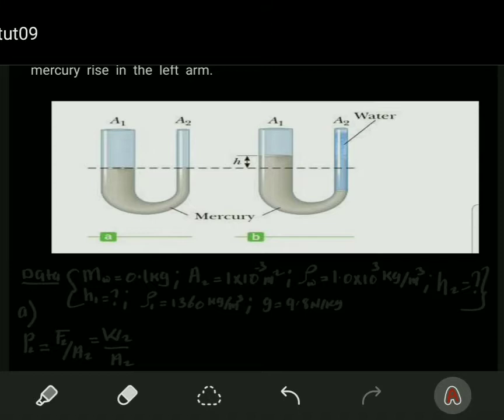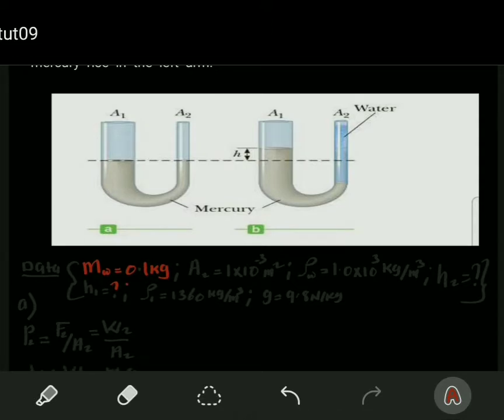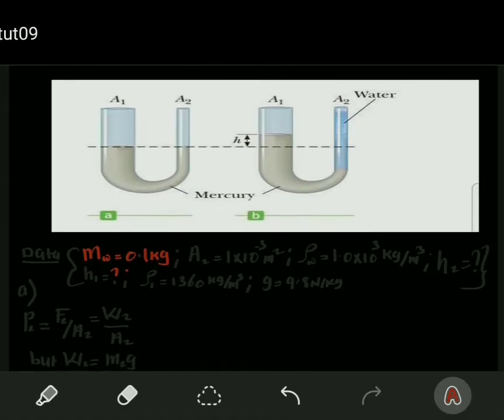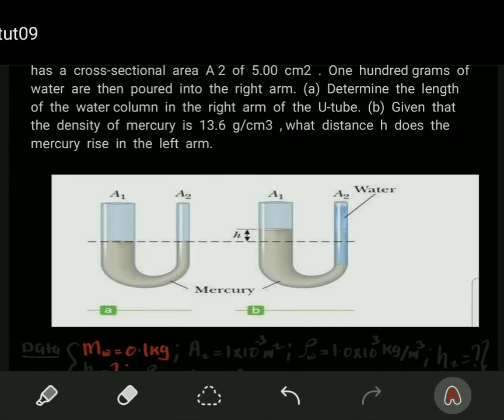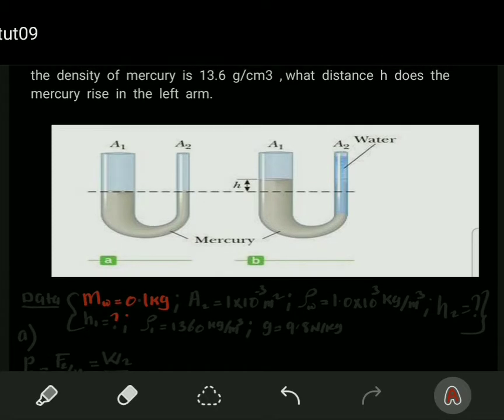We're going to need to convert those to square meters, as standard units. We're given the mass of water as 100 grams, and converting to kgs, we get 0.1 kgs. Remember always to convert the units to their standard.